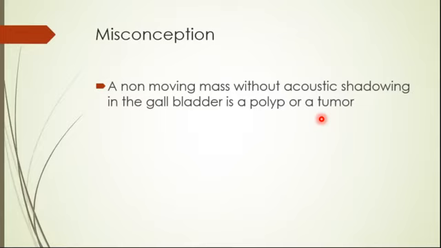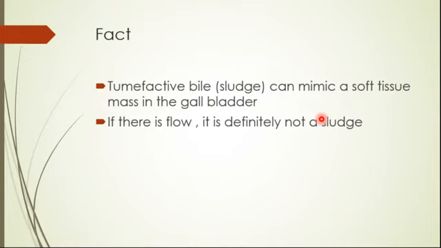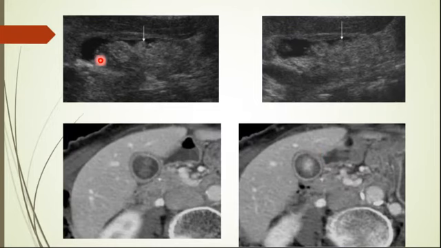Another thing is that a non-moving mass without acoustic shadowing in the gallbladder is a polyp or tumor, while in fact, this is of course a misconception. In fact, tumefactive bile or sludge can mimic a soft tissue mass in the gallbladder, but if there is flow, it is definitely not sludge. For example, you can see here, this looks like a mass in the gallbladder.